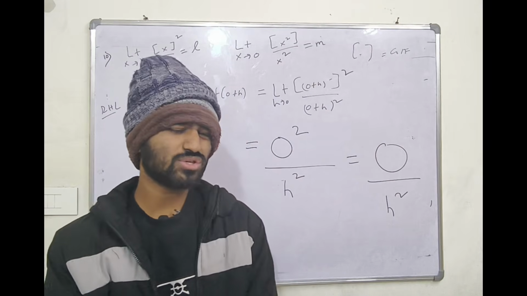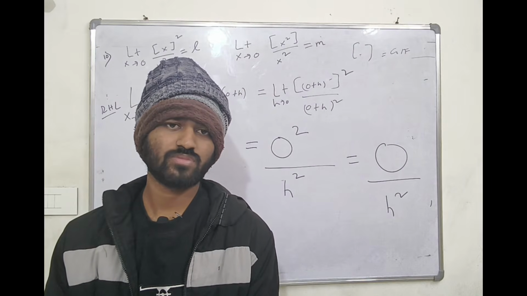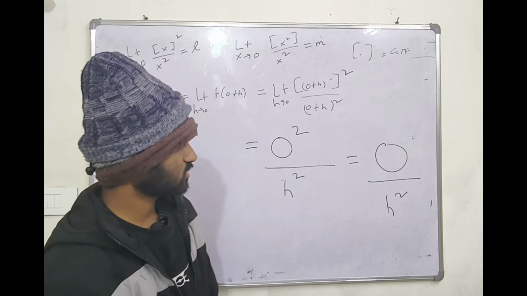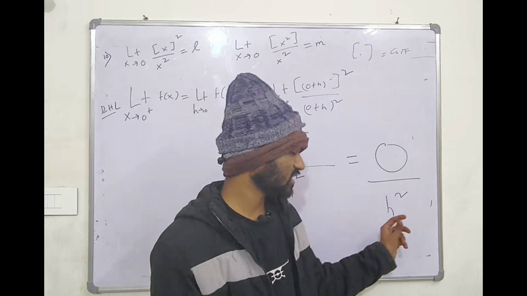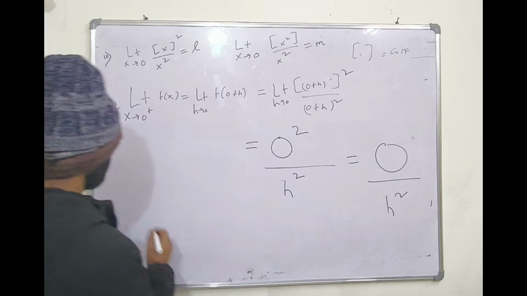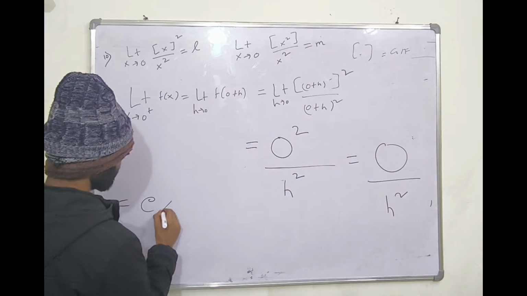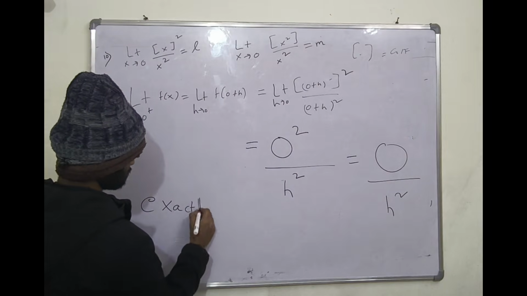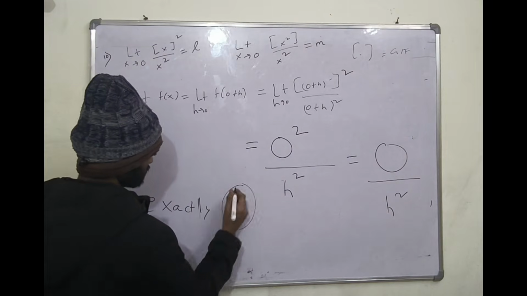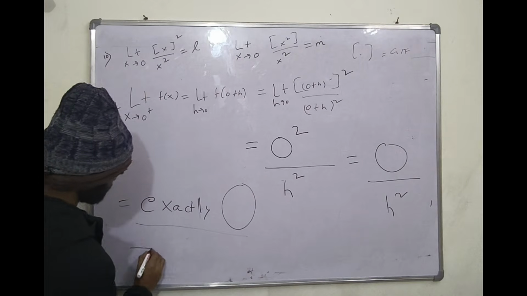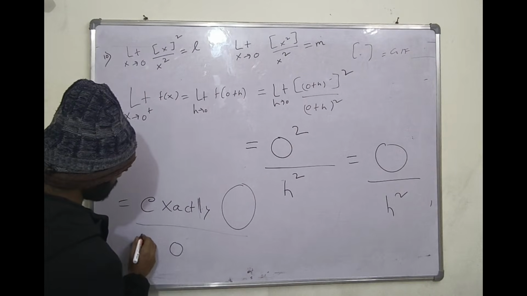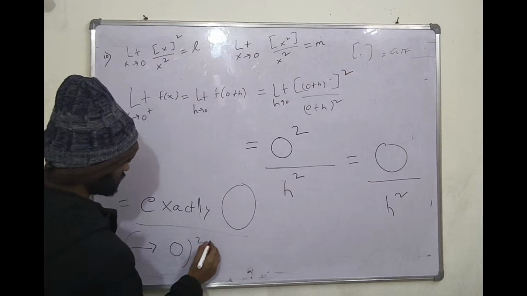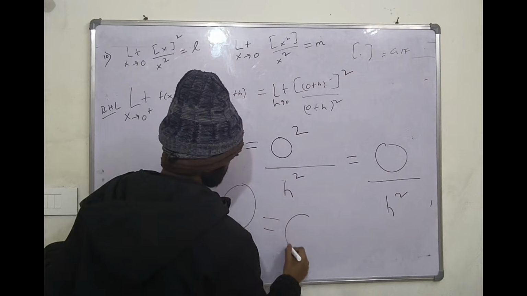Here h is not 0, tending to 0. H is not 0 but tending to 0. So exactly 0 by tending to 0 whole square is 0.